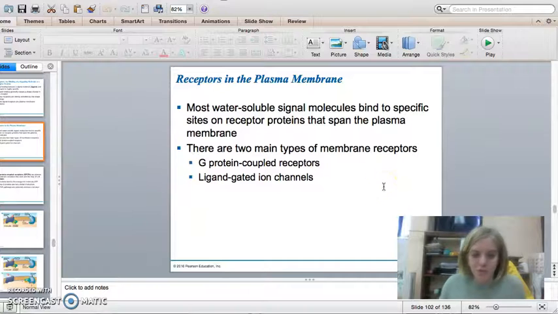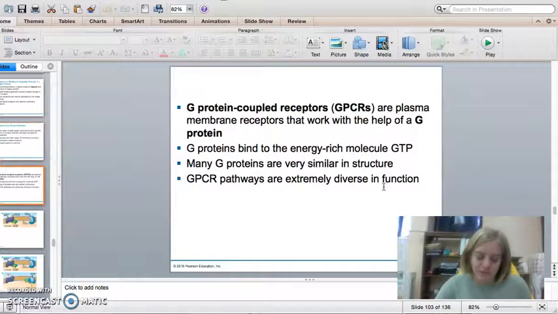And there are two major types of plasma membrane receptors. So we have G protein coupled receptors and ligand-gated ion channels. The G protein coupled receptors, known as GPCRs, are a cell surface membrane receptor. So these are plasma membrane receptors, and they work with the G protein.